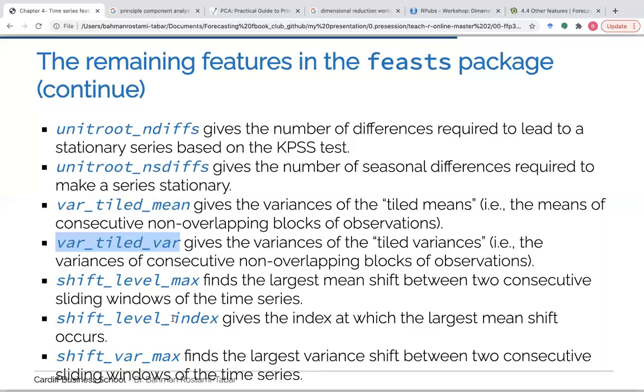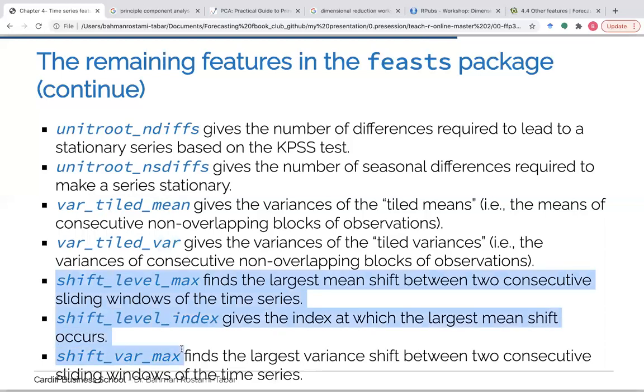We can have something again corresponding to what we discussed here, but this time our focus is on the shifts. So we can look at this shift underscore level max to find the largest mean shift between two consecutive windows of a time series, and then this shift level index will tell us the index of that largest mean shift.